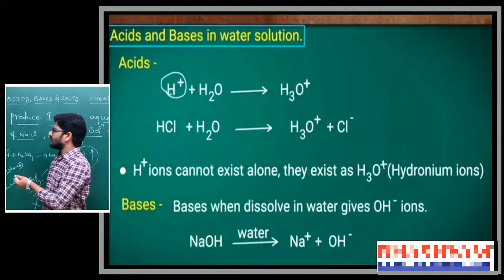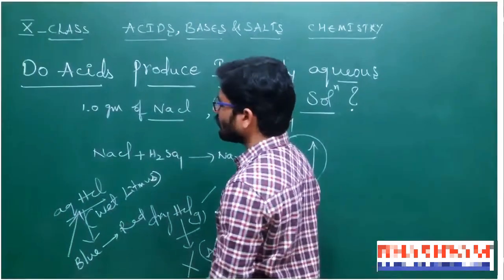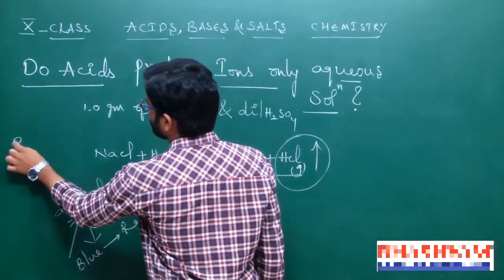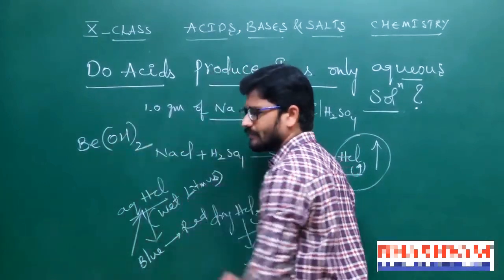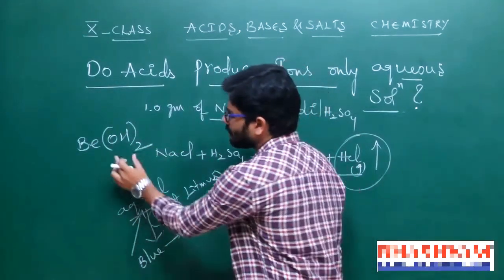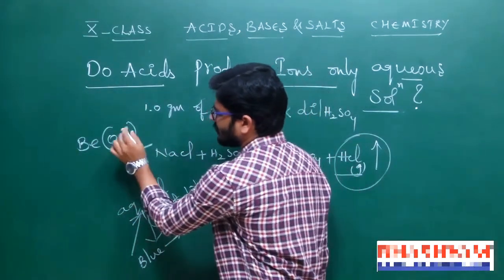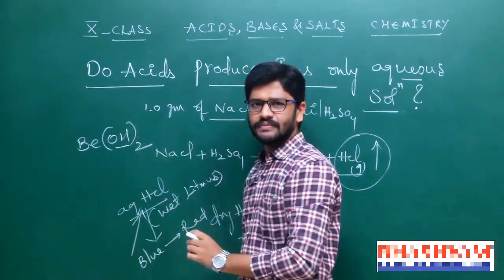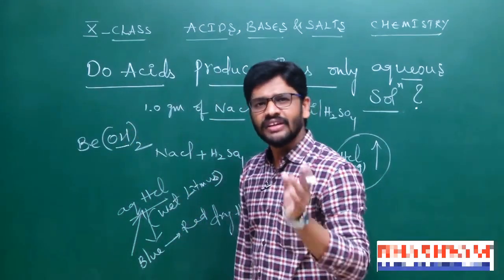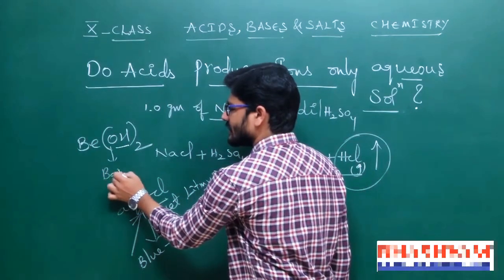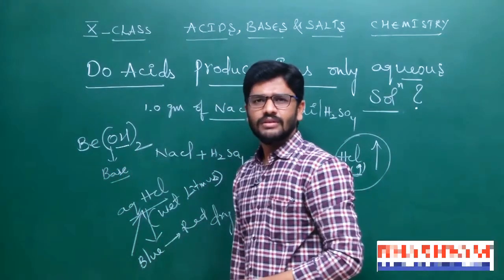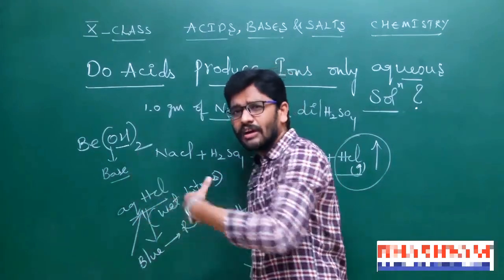Let us see the board. Beryllium hydroxide. Generally, this substance consists of OH, so we can say beryllium hydroxide is a base. So can this base be soluble in water, sir?